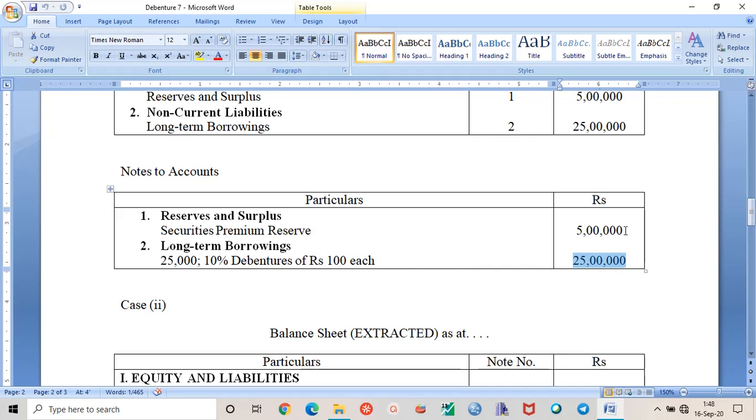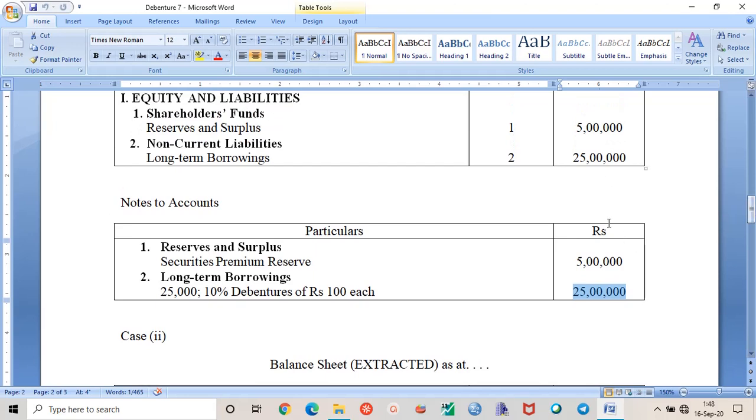And if you total this 5 lakh plus 25 lakh, it will be 30 lakh again. So you can show that way also. And if you make the asset column also, here in the notes to accounts you have to write one more number, that is number 3, to show that there is cash and cash equivalents, that is cash at bank 30 lakh.